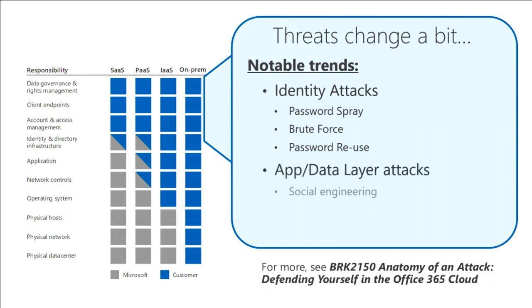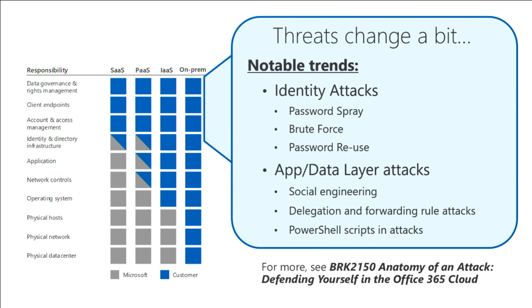A lot of these are more of an application and data layer attack as opposed to going against the operating system directly. There is still social engineering involved. One of the big social engineering advantages of the way they're doing this is, imagine you've gotten access to legitimate users with the password sprays. You can do a lot of real social engineering with their actual account, send it to other IT staff, say you're having an issue.